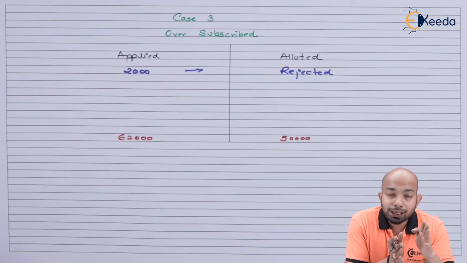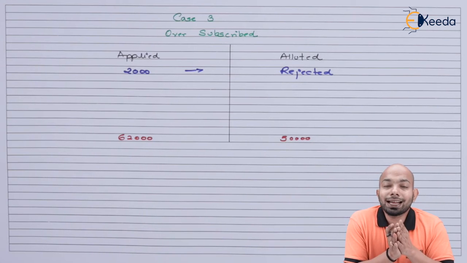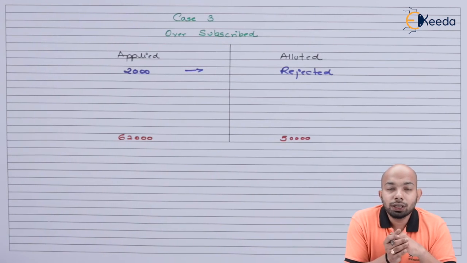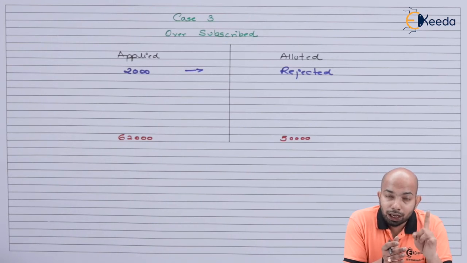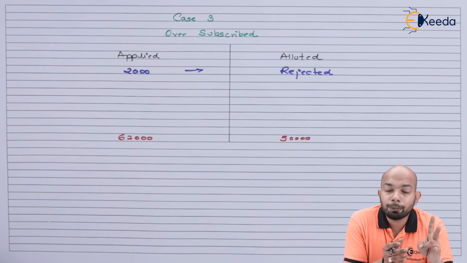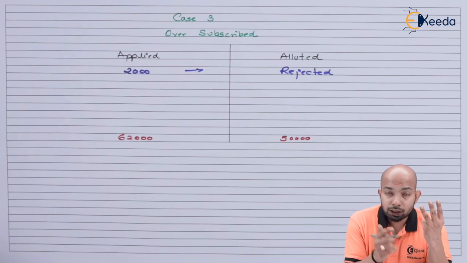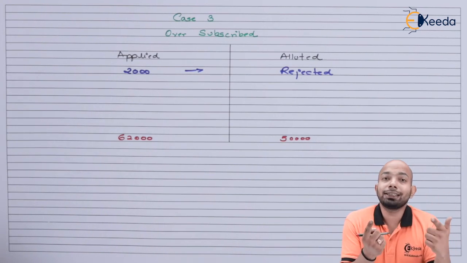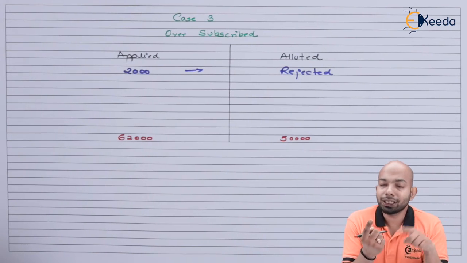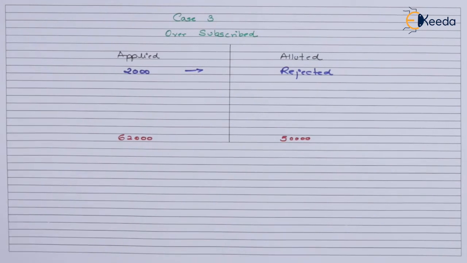So for those 10,000 shares, what we have done is that we have divided them into ratios. That means for 10,000 shares, the ratio was for every one share allotted, 3 applied. So if you have applied for 3 shares, you will get 1 share. So in that case, if you have applied for 10,000 shares, how many shares will you get is what you have to calculate here.